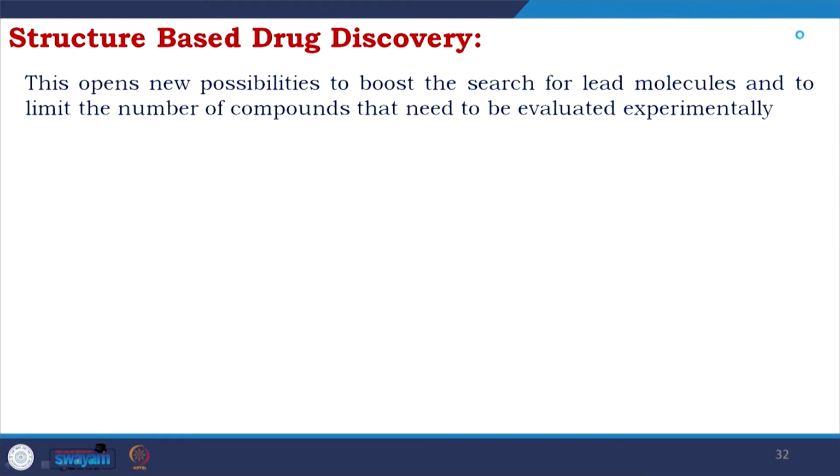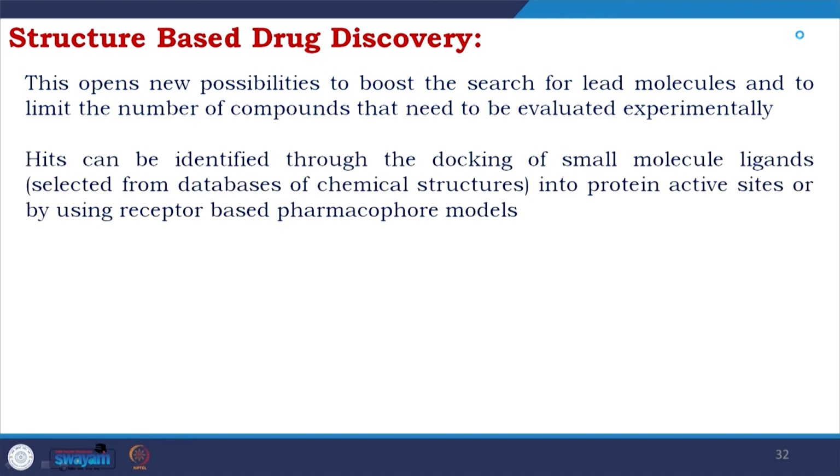This opens new possibilities to boost the search for lead molecules and to limit the number of compounds that need to be evaluated experimentally. Hits can be identified through the docking of small molecule ligands selected from databases of chemical structures into protein active sites or by using receptor based pharmacophore models.